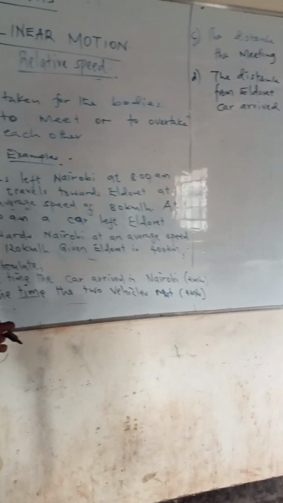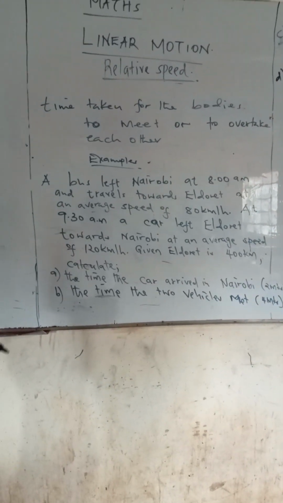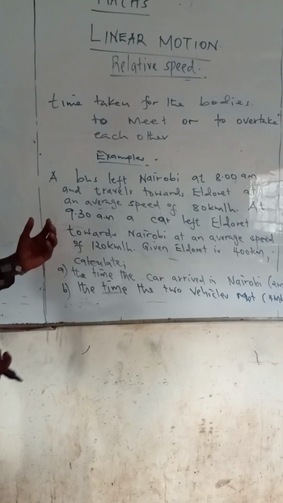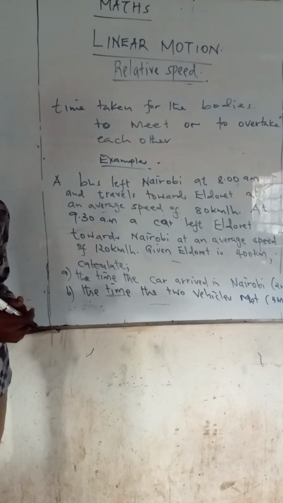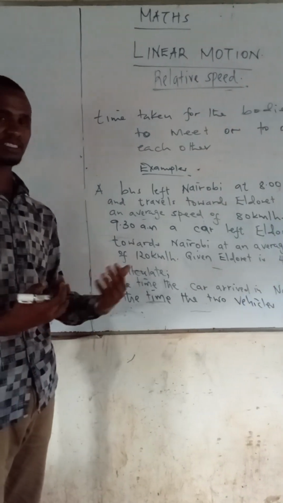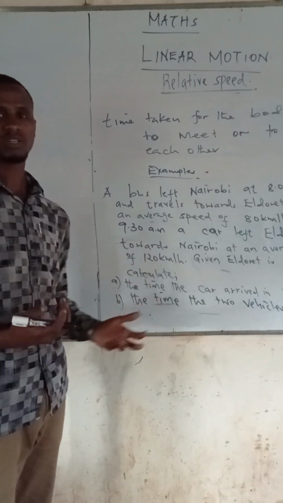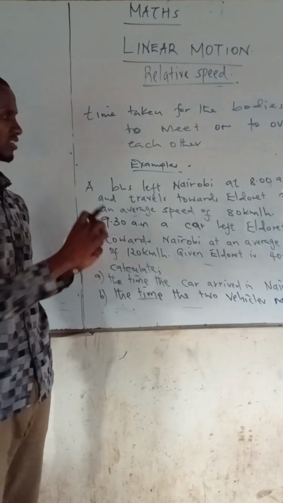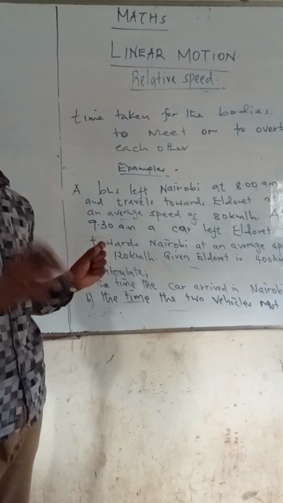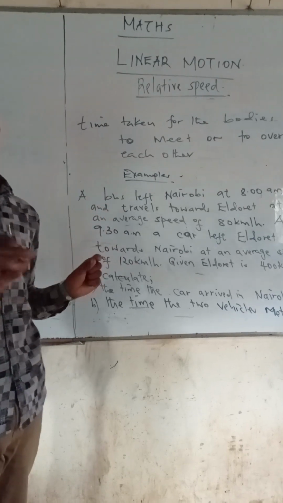So you have two bodies. And for you to understand this question, you can illustrate it using a diagram. That will help you to understand how you are going to tackle it. And we say that this is a linear motion, so the distance cannot be zigzag. It should be a straight line.